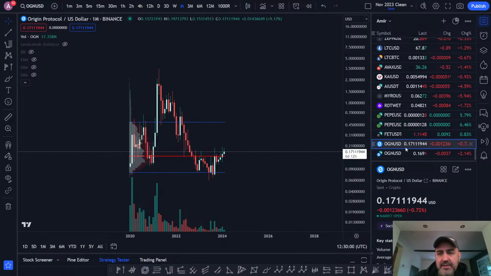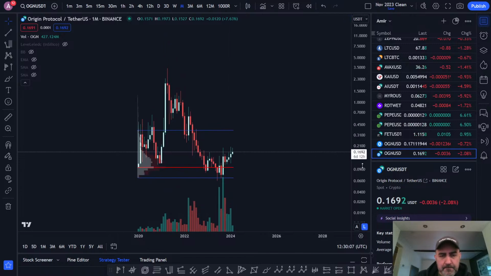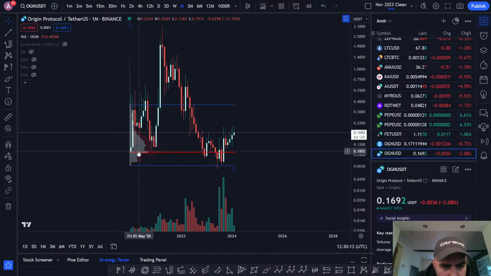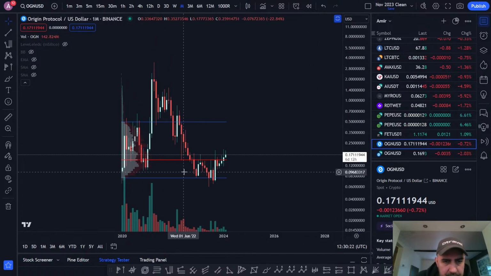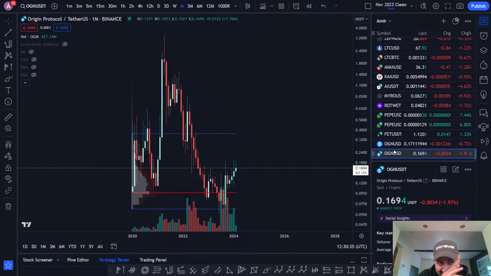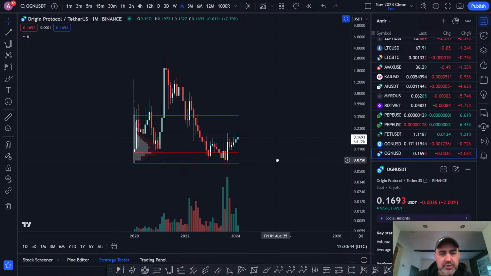I'm not sure which one is better, the US dollar or the USDT. I can see the slight difference between these two charts.